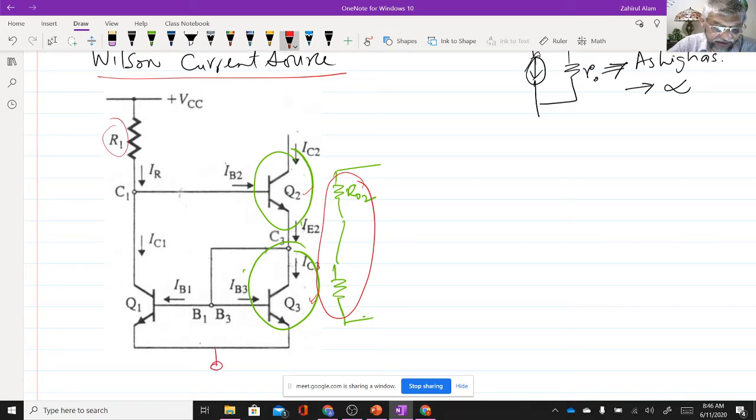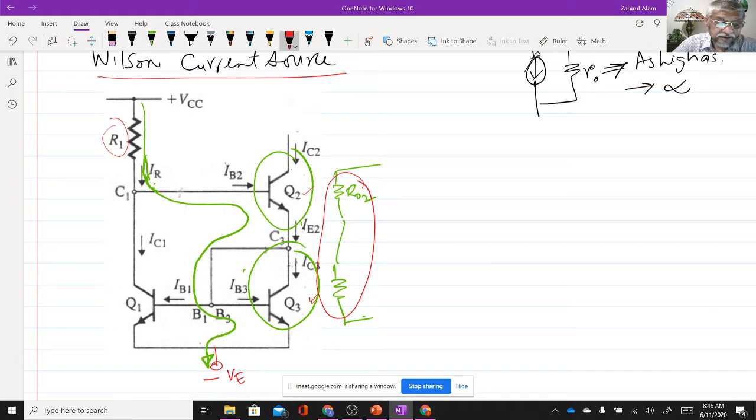If we consider the general circuit, then we can find R1 by applying KVL through this path, because we don't know, so we need to go through this path and this path.